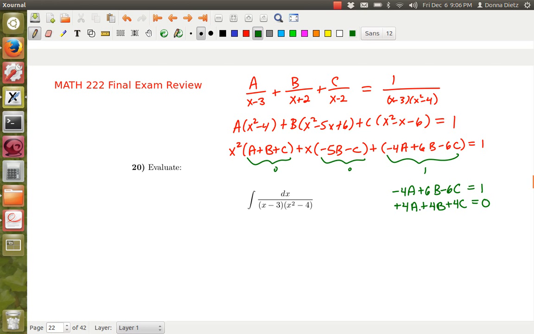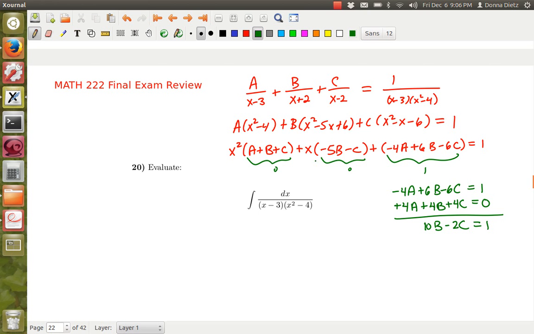Because 4 times 0 is still 0. Good. We have 10B minus 2C equals 1. I was scared there for a second. I was afraid I was going to get like 10B plus 2C equals 0, and then I would be very frustrated. But no, that didn't happen.